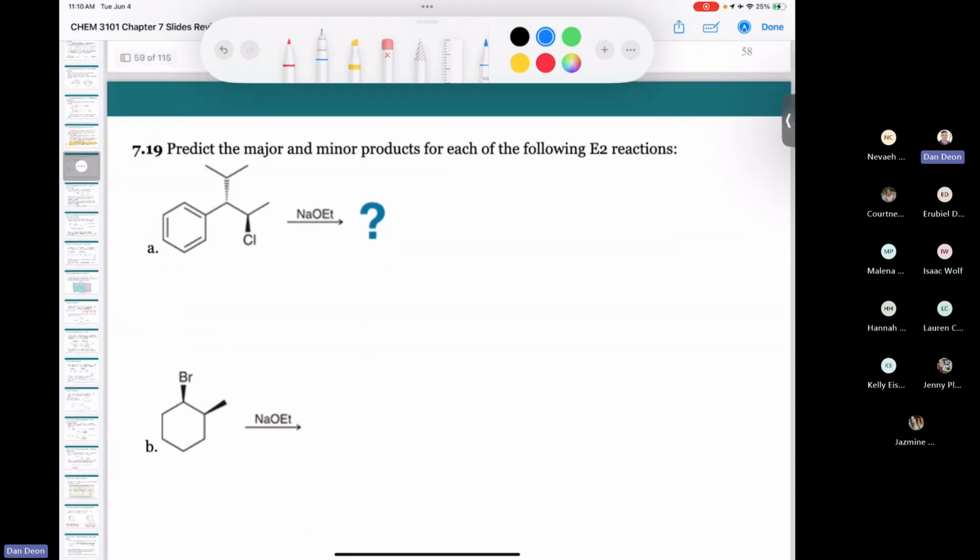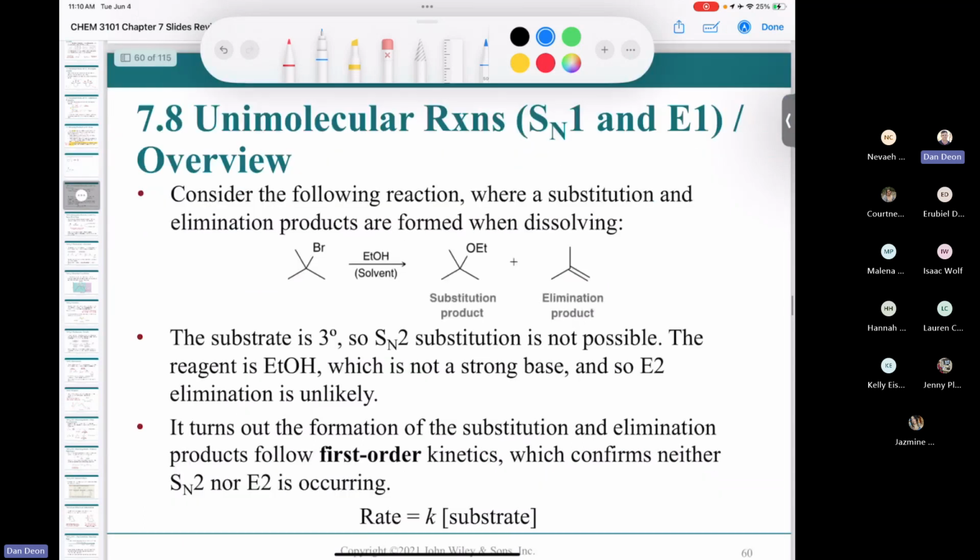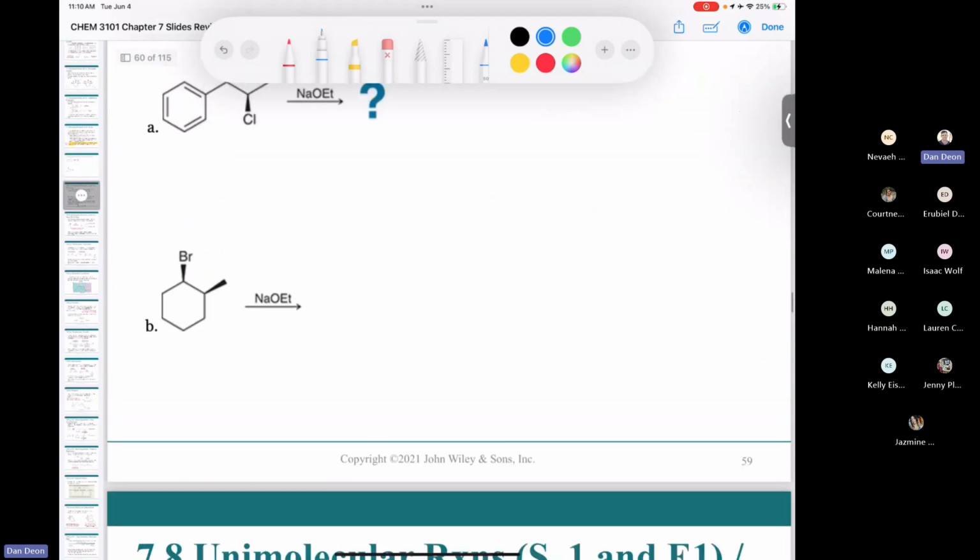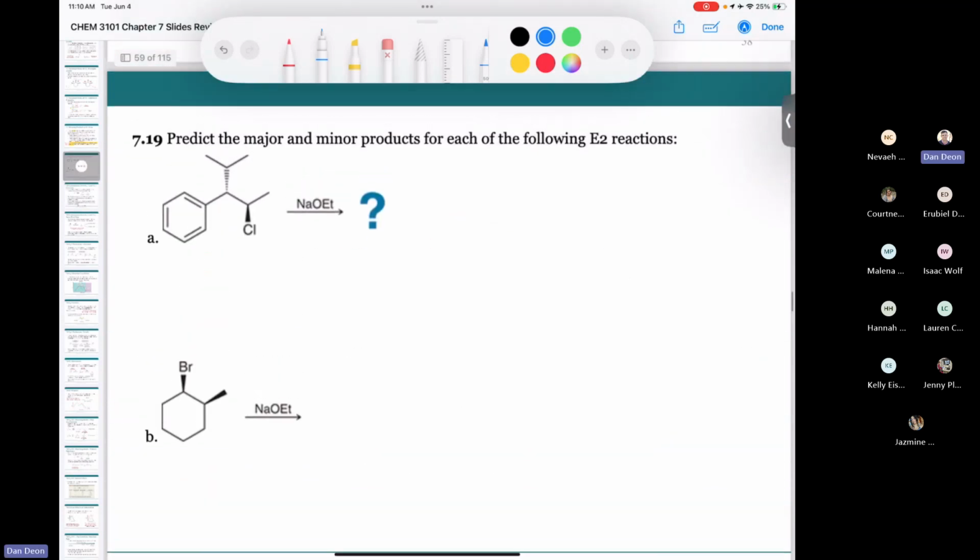So what we're going to do then is before class on, what's today, Tuesday? So before class on Thursday, June 6th, 2024, we are going to start by taking a look at these problems here.